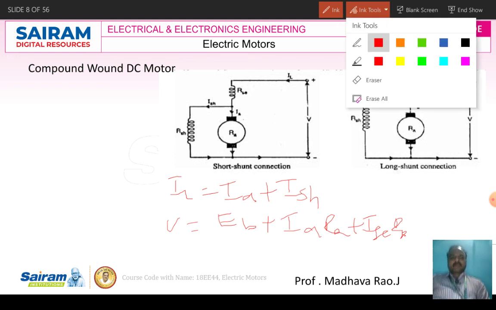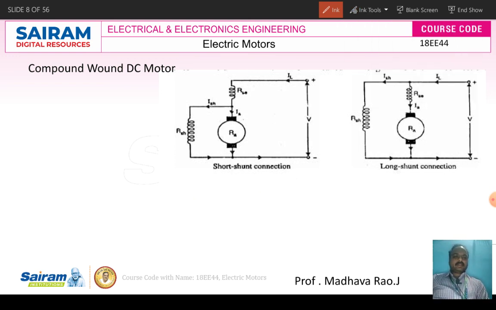Now coming to the long shunt. In this, V is equal to EB plus IA RA plus ISC into RSC. The shunt field current for long shunt is V by RSH.